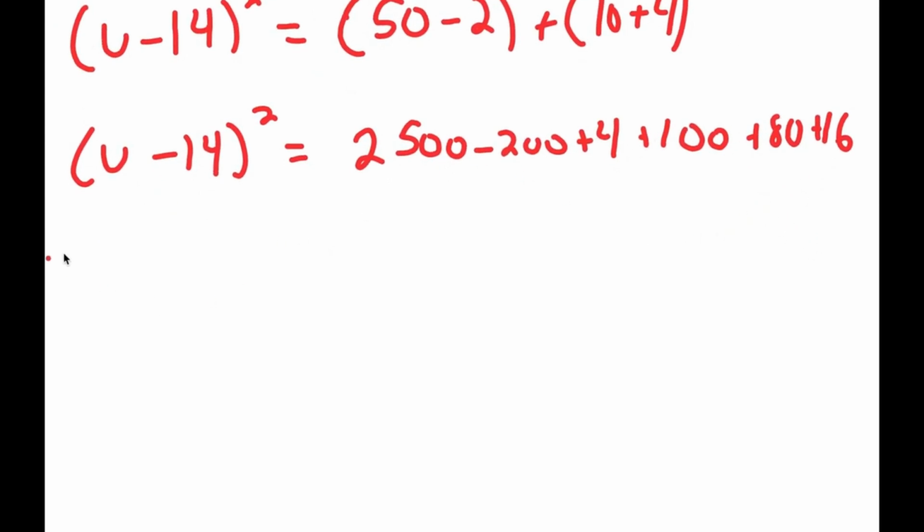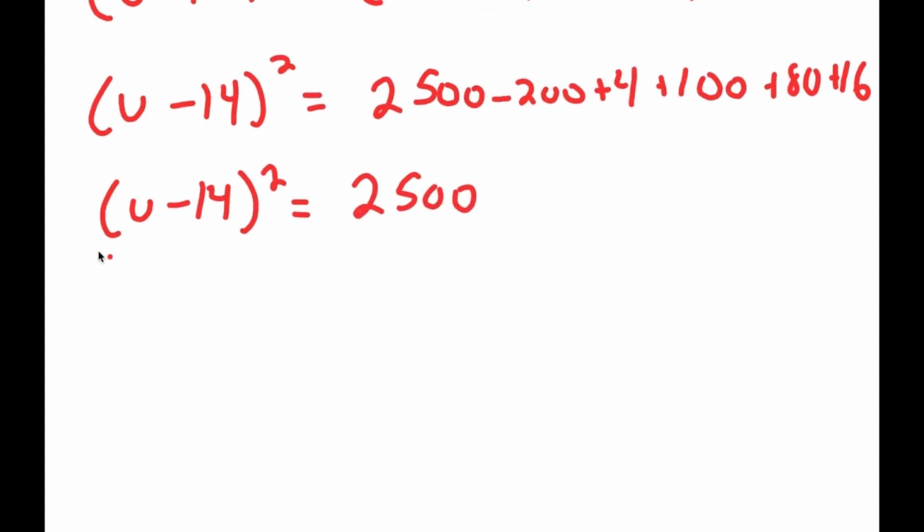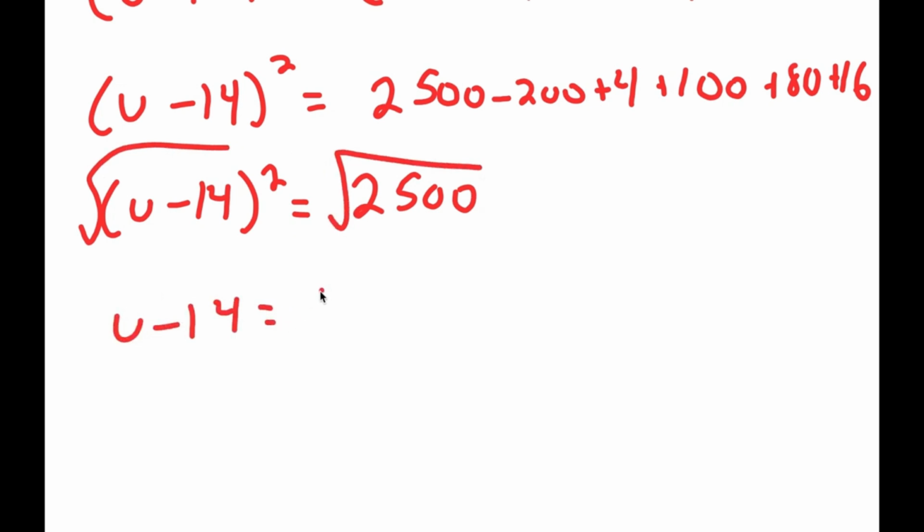Now if we add these up, we get u minus 14 squared is equal to 2500.